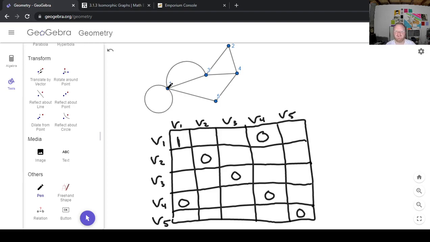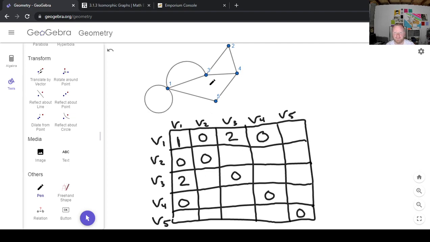Vertex 1 and 2 are not connected, so we can write zeros here and here. Vertex 1 and vertex 3 do have not just one connection, but they actually have 2 connections. So vertex 1 to 3, we've got a multigraph, so we can write a 2 here and a 2 here.